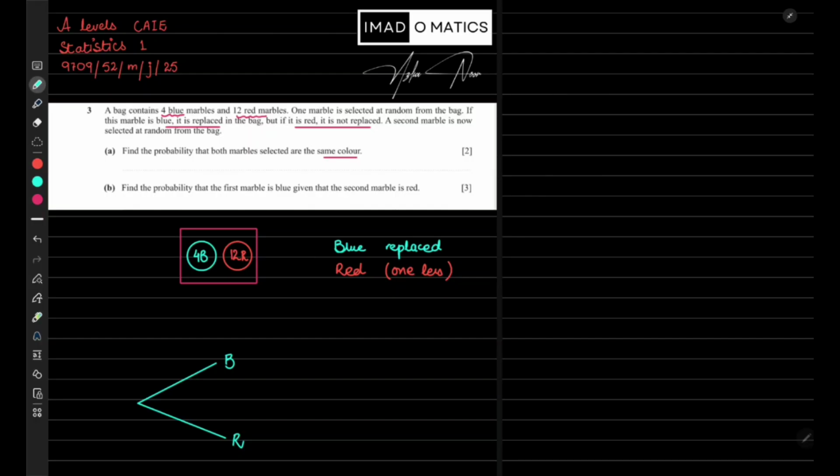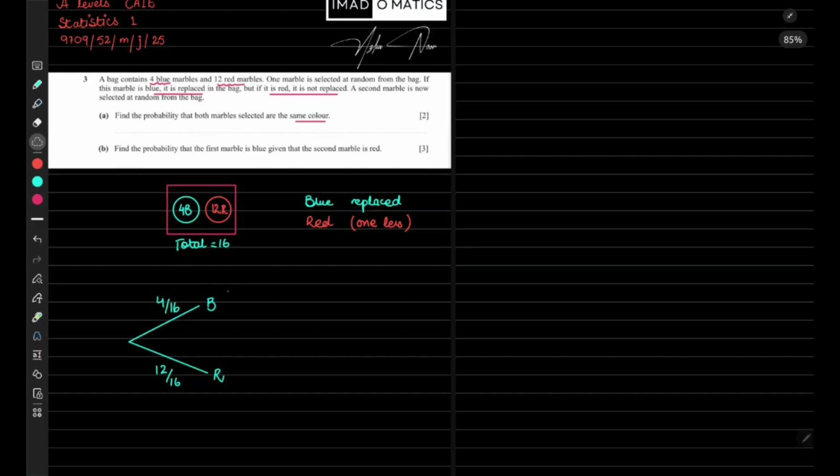What is the probability of taking a blue marble first? 4 out of, what is the total? Total is 12 plus 4, that is 16. So the probability of getting a first blue marble is 4 out of 16. Then the probability of getting a red marble is 12 out of 16. This is the first marble.